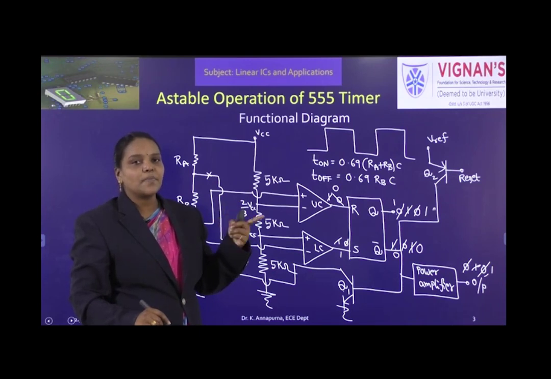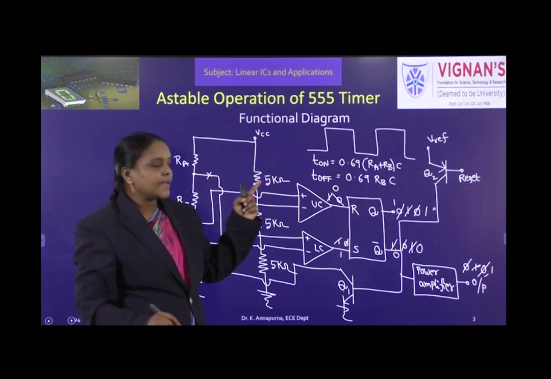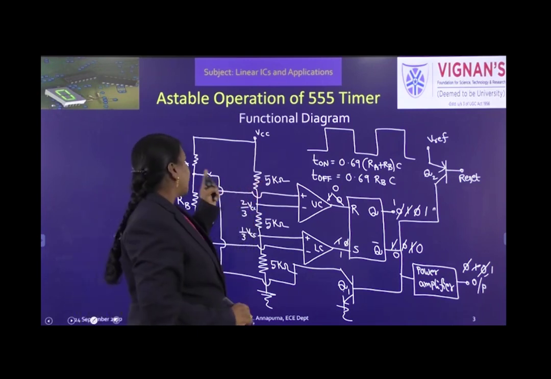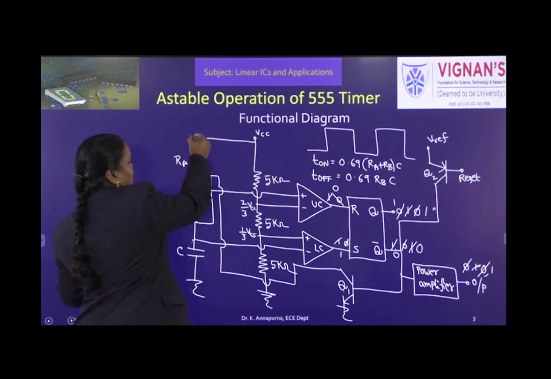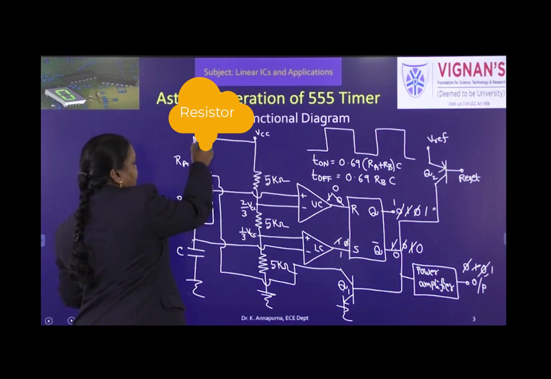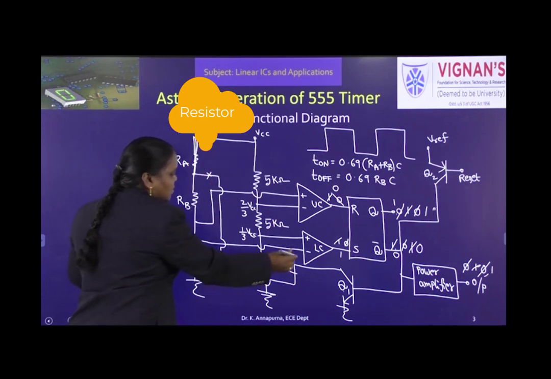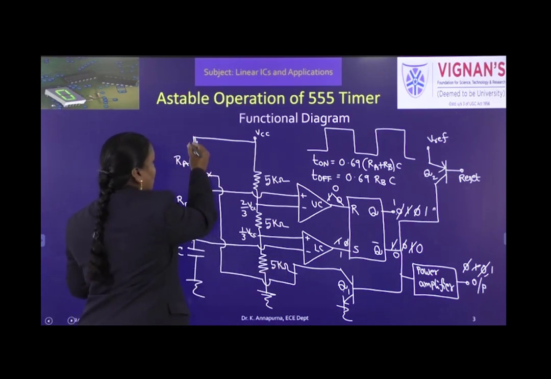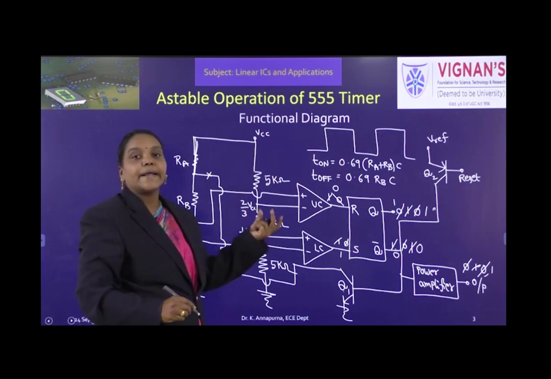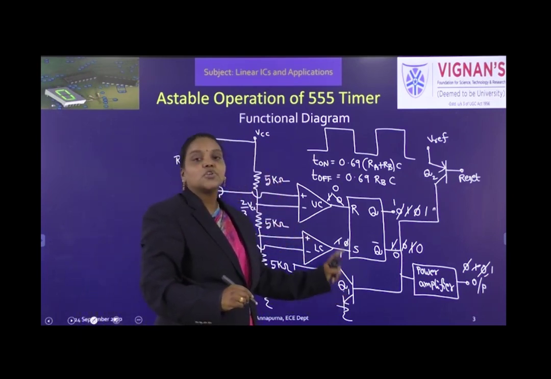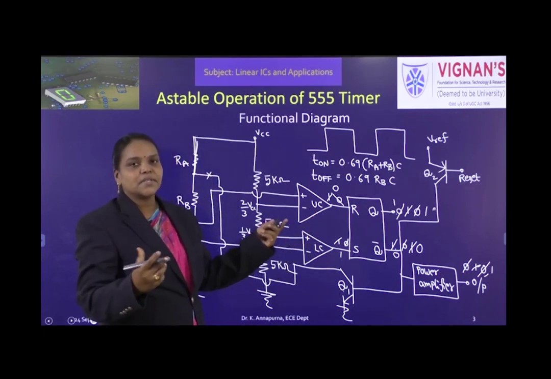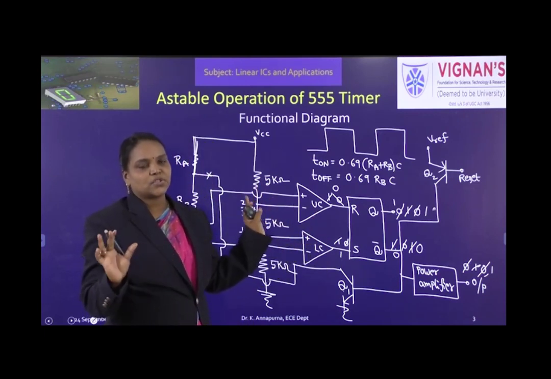But there is a problem with making RA equal to 0. If RA is equal to 0, what happens? This transistor is shorted, right? That is, this transistor collector is directly shorted to the VCC and it draws more current and it will damage this transistor. So if one component is damaged, the timer IC will be damaged.